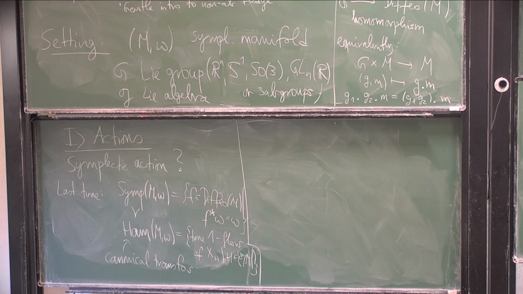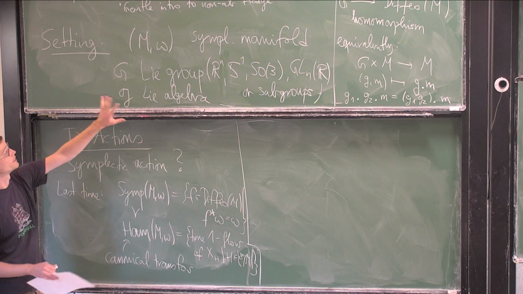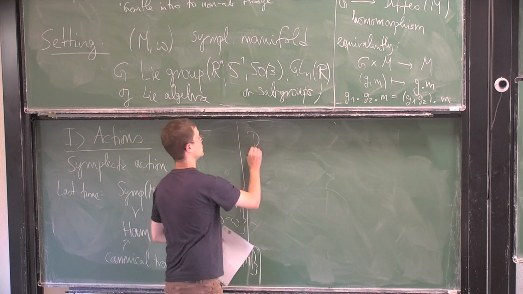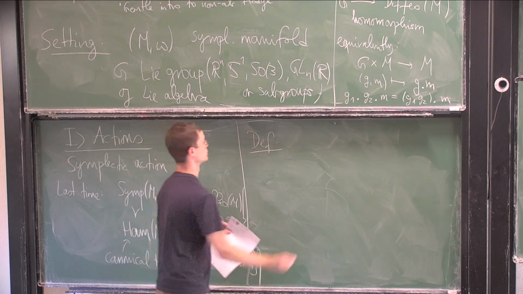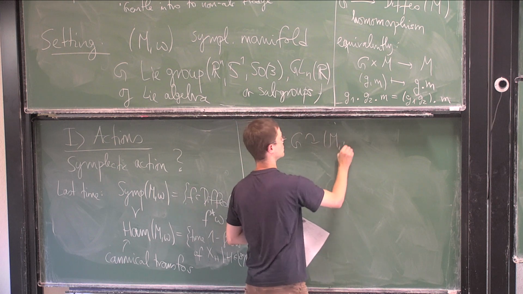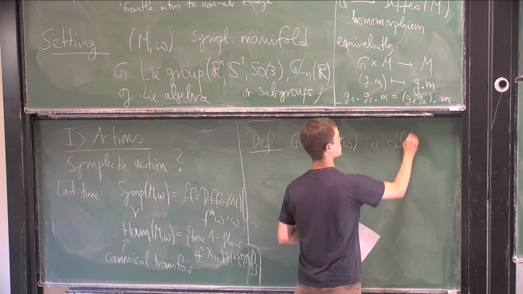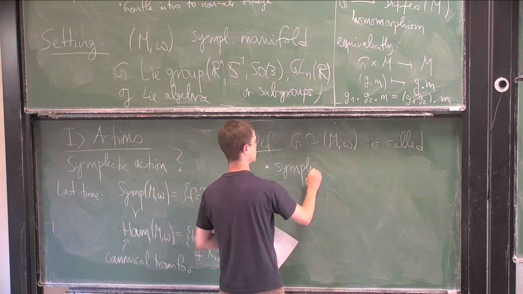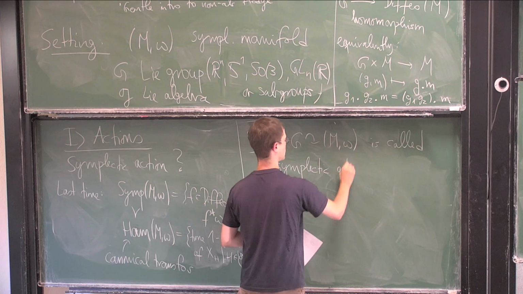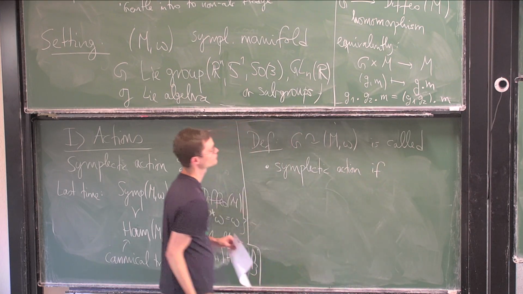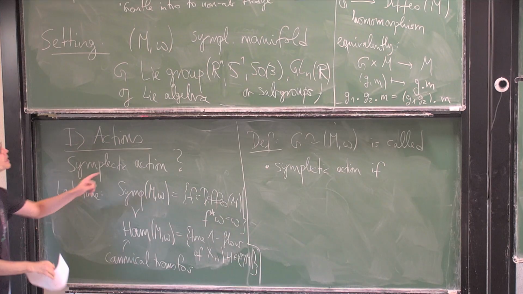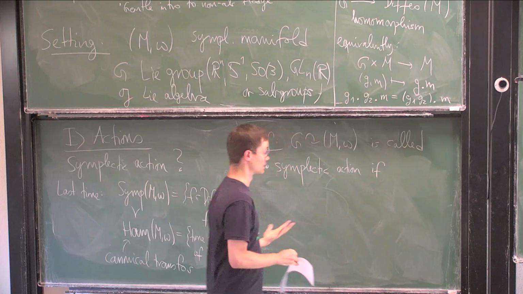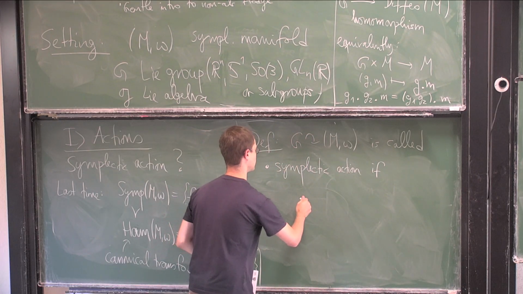Okay, so I have these two different groups, and now when I take a group which acts on a manifold, you can somehow distinguish these two. You will say that G acting on M, ω is called a symplectic action if in this viewpoint I don't end up just in general diffeomorphisms, but in symplectic diffeomorphisms.